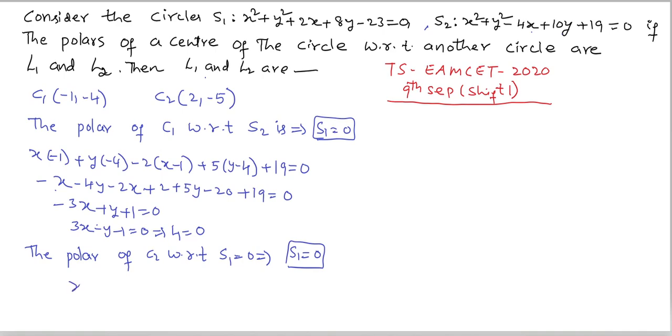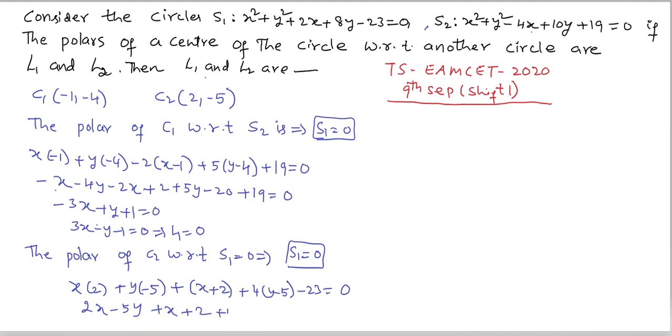x into 2 plus y into minus 5 plus x plus 2 plus 4 into y minus 5 minus 23 is equal to... This is 2x minus 5y plus x plus 2 plus 4y minus 20 minus 20 is equal to 0.